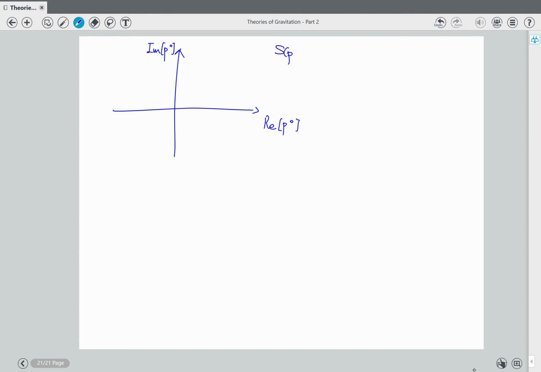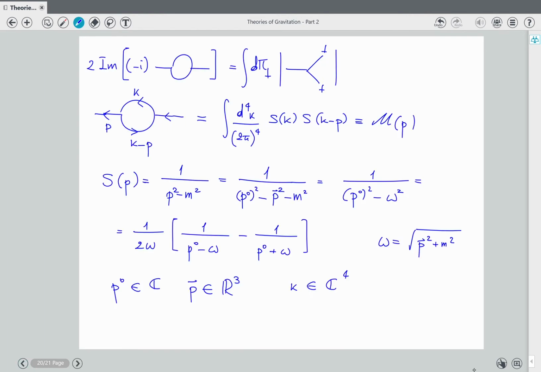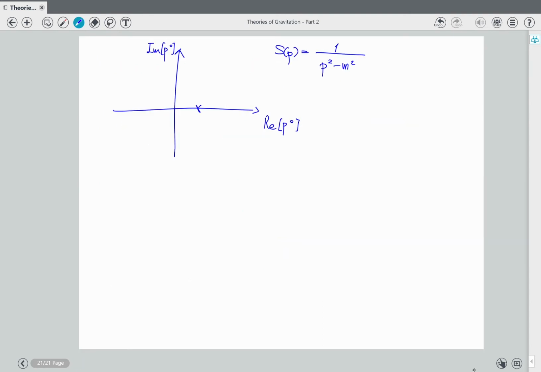Then S of P has two poles, and one will be for P0 real. So if space P is real, omega is real, positive actually. We assume that the square root is positive, so one pole will be here and one pole will be there. Somewhere.